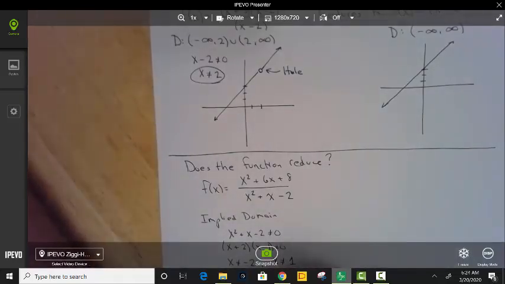Okay, so these are your, we'll call them candidates. Okay, they could be a hole, or they could be a vertical asymptote in the graph.